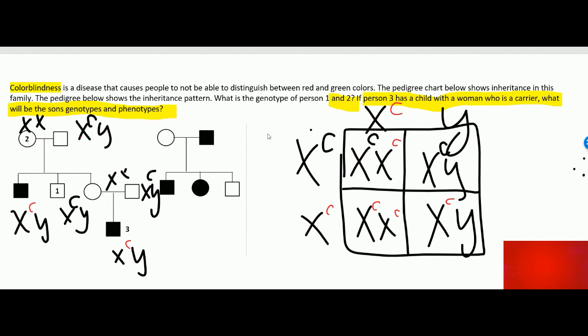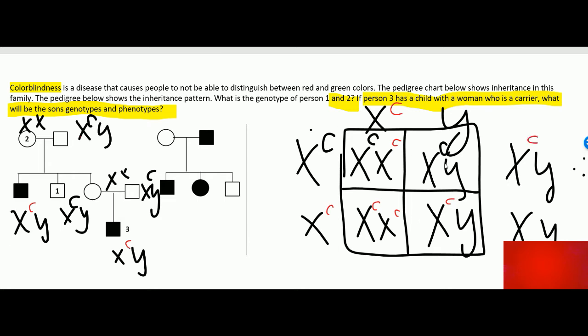So for the son's genotypes and phenotypes, we're looking over here. So we have 2 genotypes. So one of them is this one here.